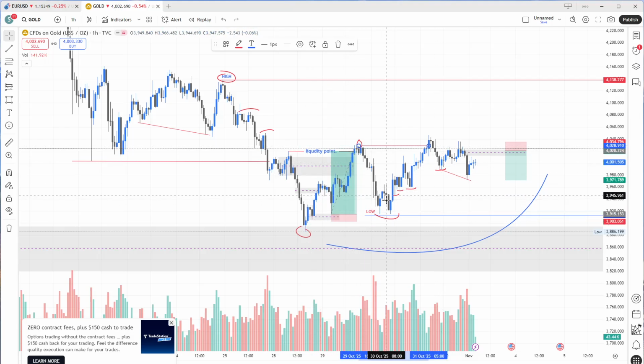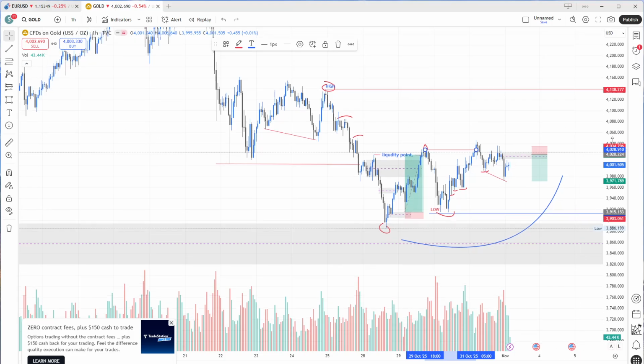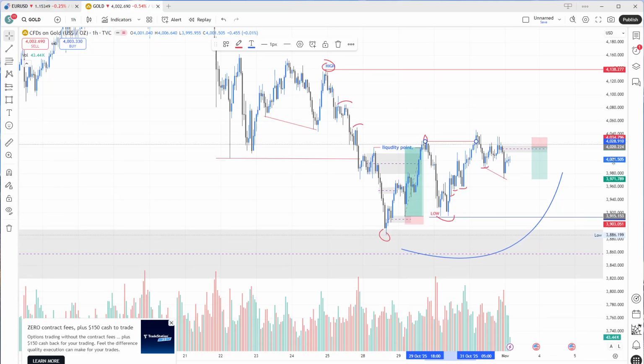Just like down here, right? So just understand the direction overall, and keep in mind that finding the optimal area, POI, point of interest, will help you win better trades.